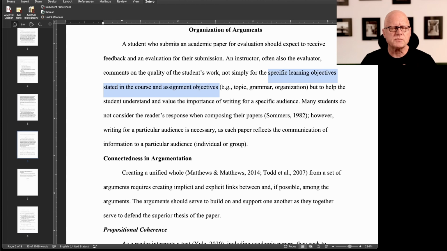One of the problems that comes up for students is that they don't often recognize that readers of their work will have a particular response, and that they may not take into account how their work will be understood, how their work will be perceived by the audience to whom they are addressing their arguments.